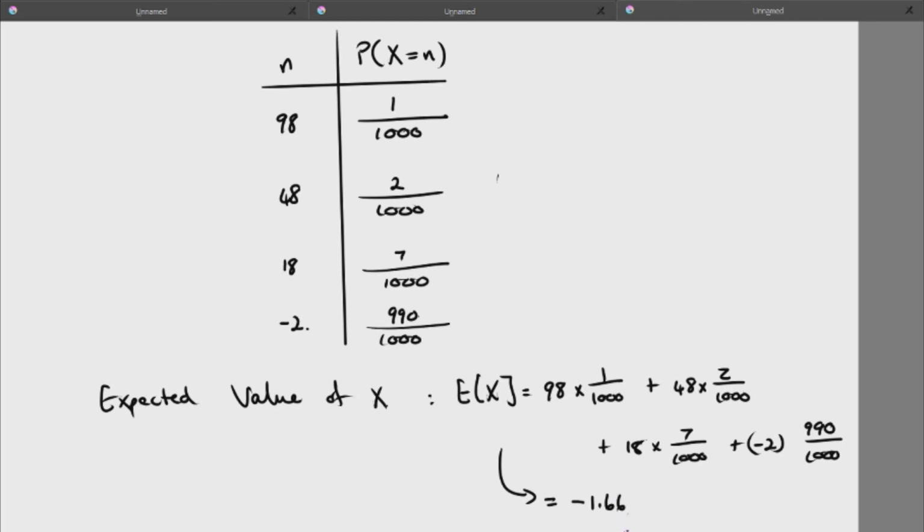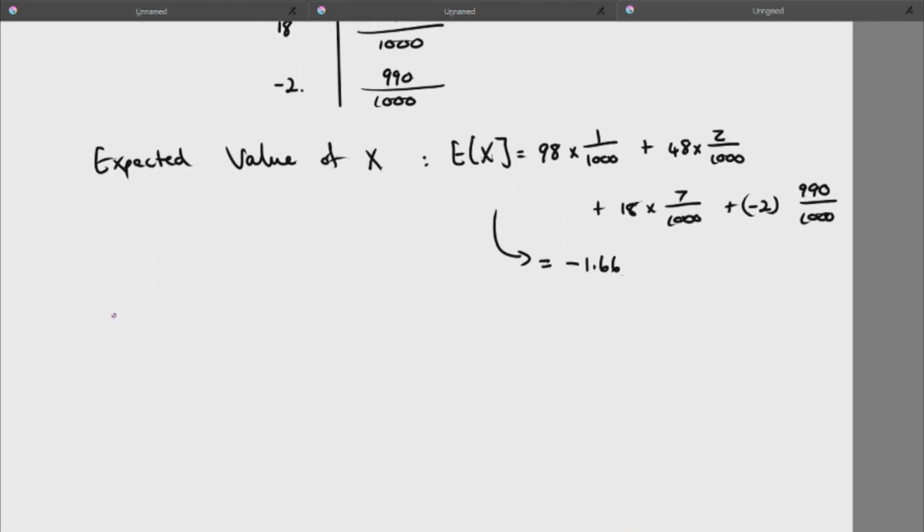What does that mean? This has to tell me something. Well, the expected value is going to be interpreted as follows.